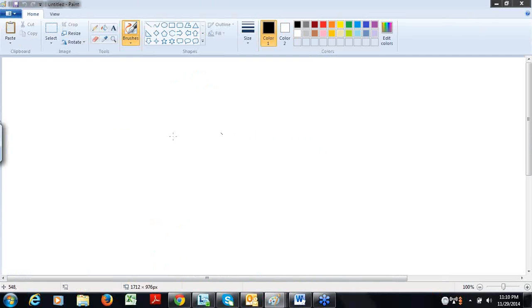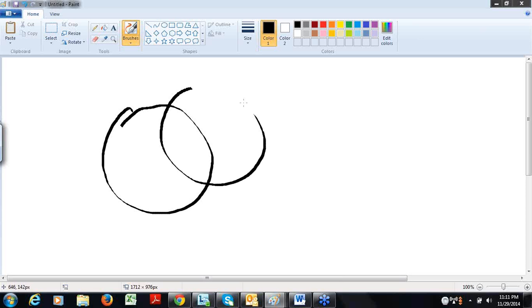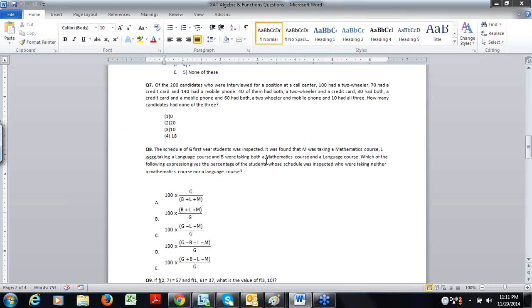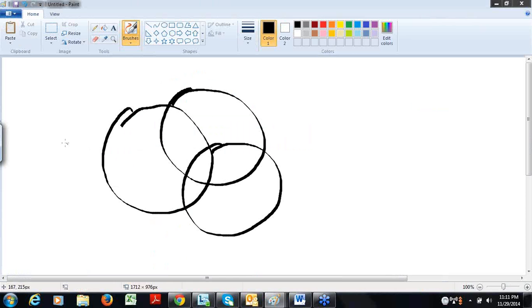So how many candidates had none of the three? So let us make a diagram. It is asking two-wheeler, credit card and mobile phone. Total is 200.